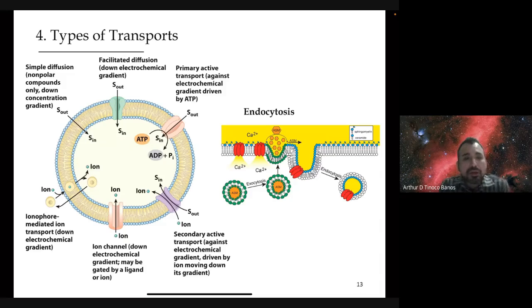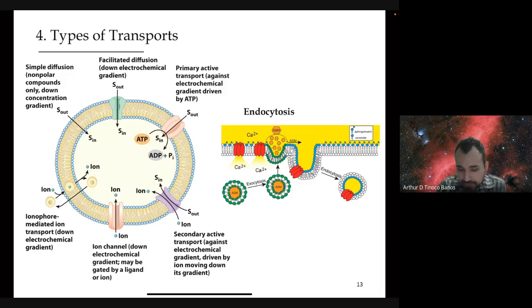Then we have those types of diffusion that are facilitated, corresponding to movement along an electrochemical gradient. Remember, I did say that the membrane is polarized. Then you have those movements that are in the form of primary active transport, coupled to a process that's going to give them the energy, that boost, to facilitate the movement.